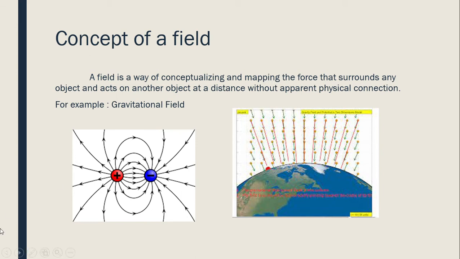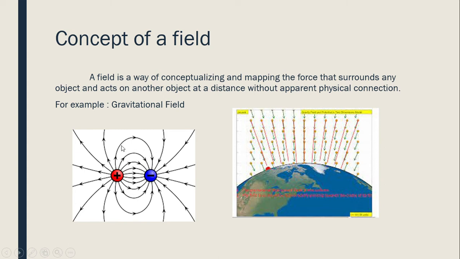So for example, as you can see in the figure here, the field of the positive and negative charges is what we call the electric field. You can imagine it like an area where the force of the charges is present. Just like positive and negative. We know that positive and negative charges are unlike charges. That's why they tend to be attracted.